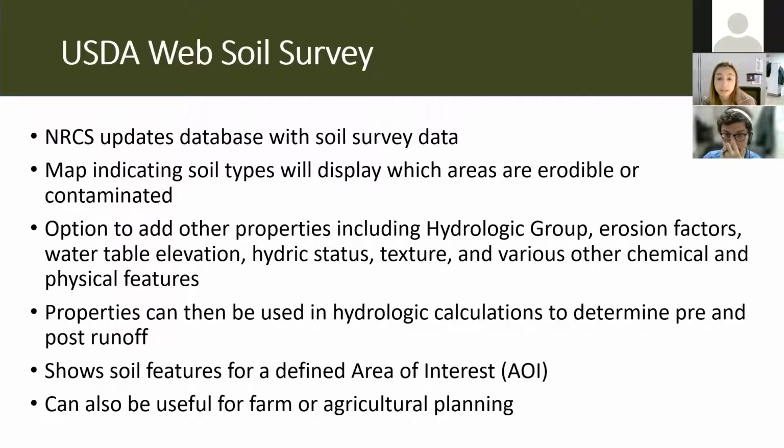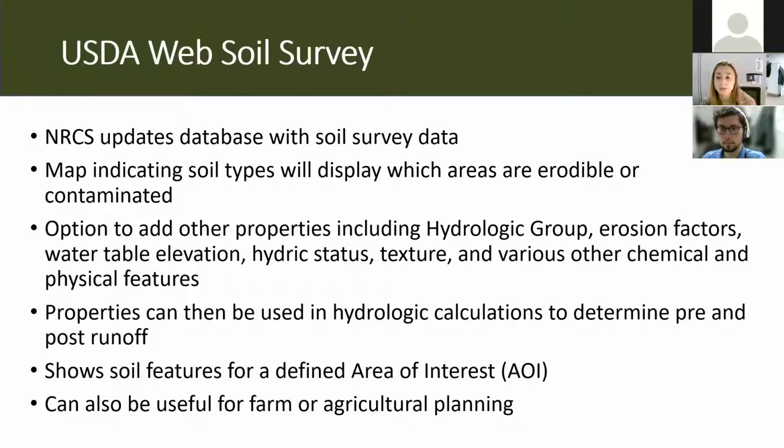Additionally, this information can help identify the quality of stormwater to be discharged from the site. For instance, if the soils are highly erodible, then generally your total suspended solids, or TSS, concentration will be higher.